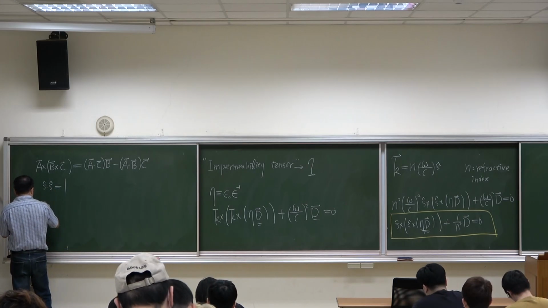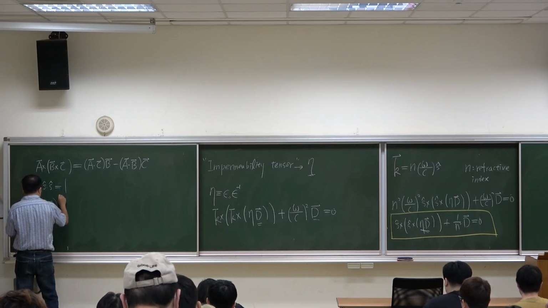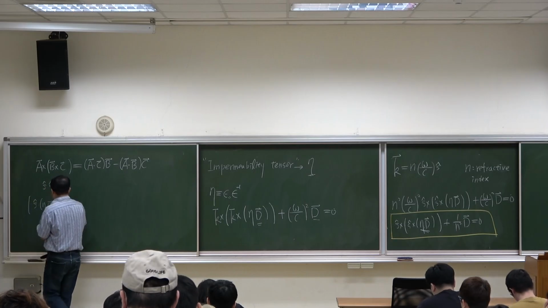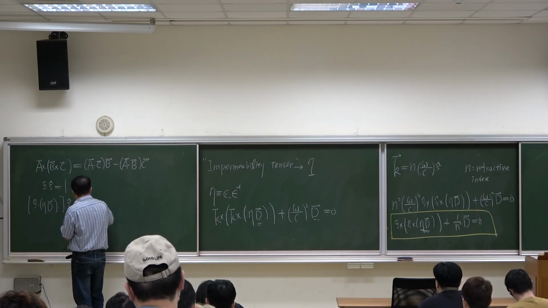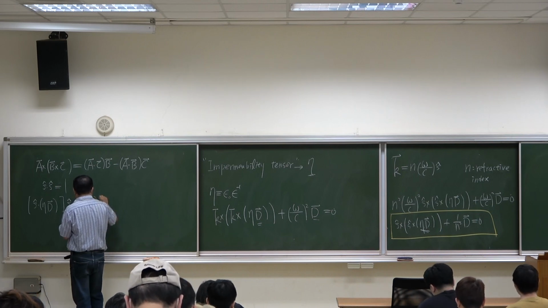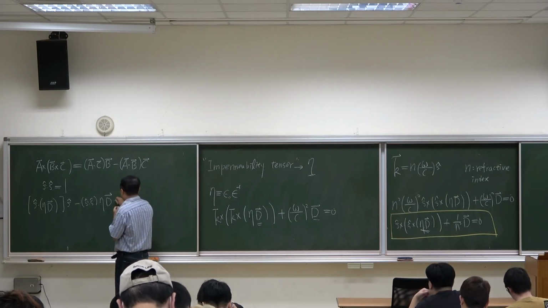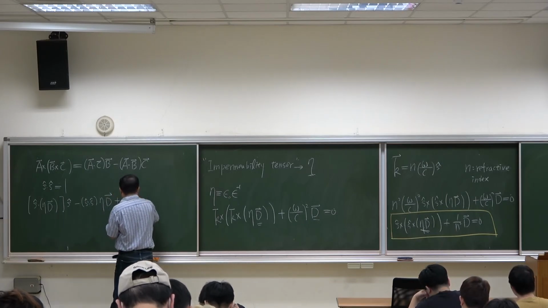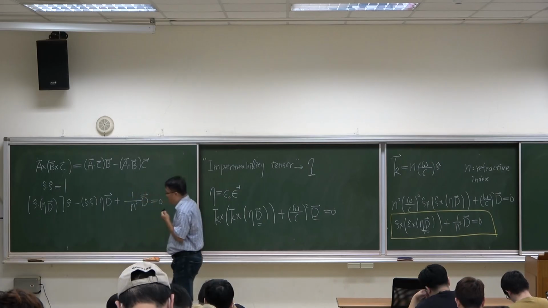S dot eta D times S minus S dot S eta D plus 1 over n squared D equal to 0.